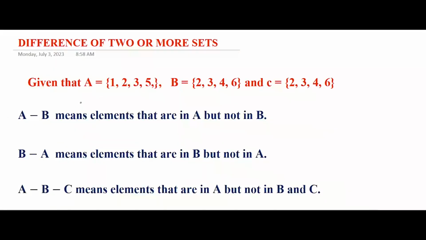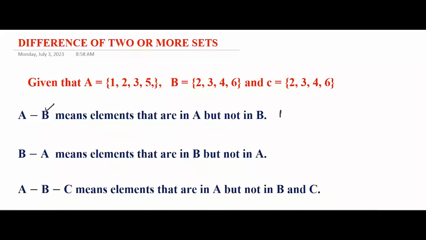It's just like the complement, but the difference occurs between 2 sets, while the complement is between a set and the universal set. That's just the difference there. So A difference B means all the elements that are in set A but not in set B.